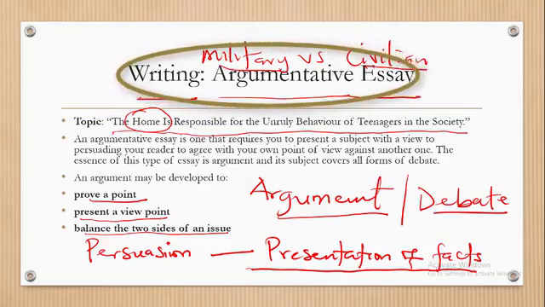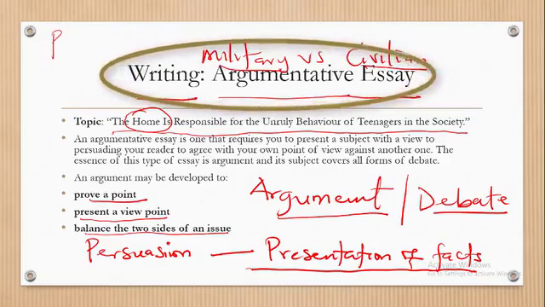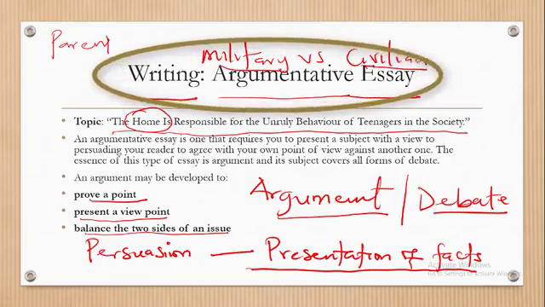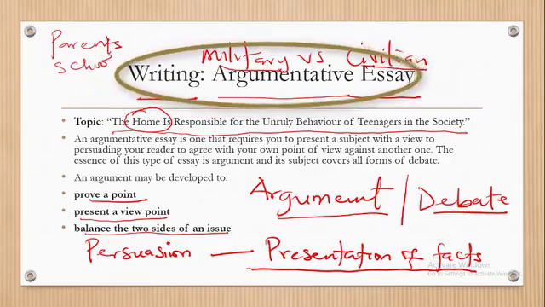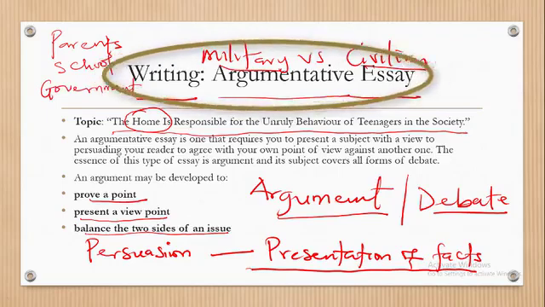Is it the parents? Is it the government? Or is it the school? Some persons will go with the parents, which is the home. Some persons will go with the school. And some persons will go with the government, that it should be blamed for the unruly behavior of teenagers.